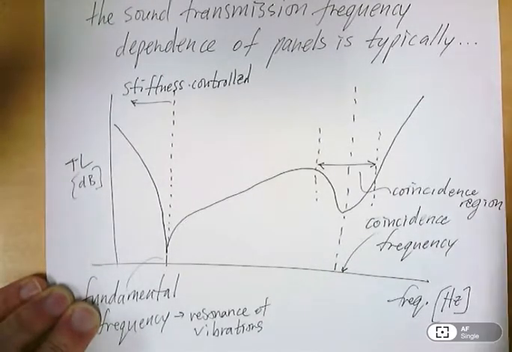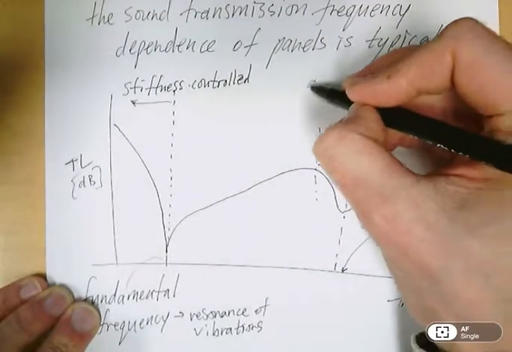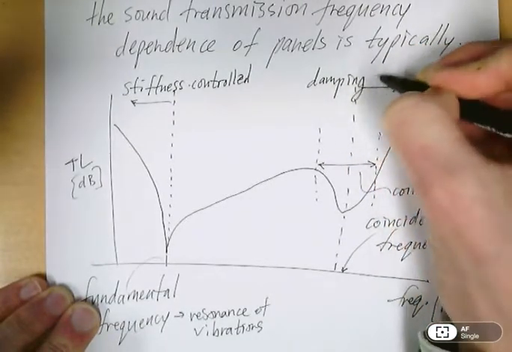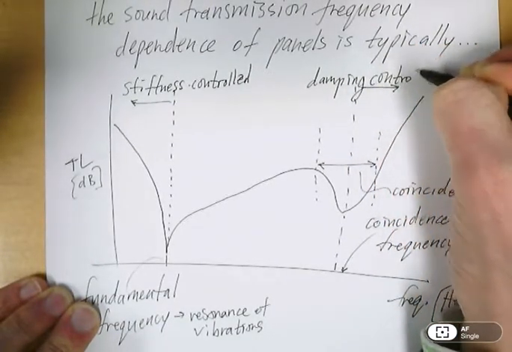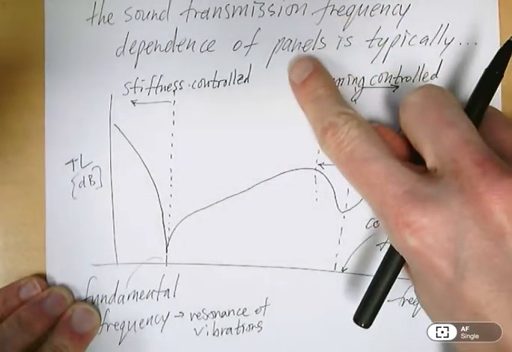And above the coincidence frequency, this transmission loss is mostly damping controlled. So it's controlled largely by the damping characteristics of that flexible partition or panel.